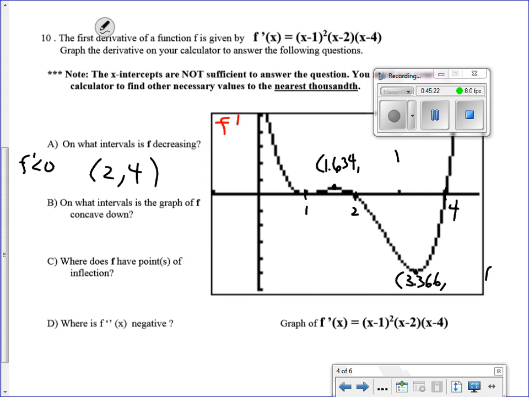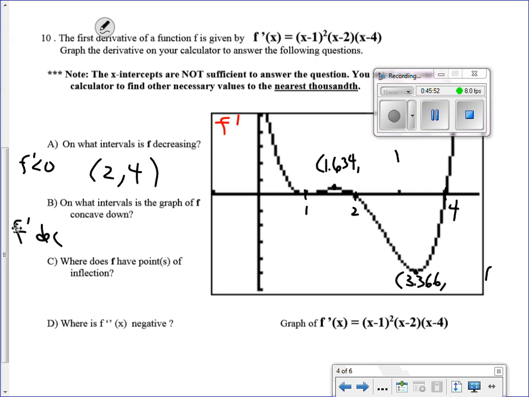All of these questions rely on the f prime, f double prime chart, so if I'm going too fast, pull that up. On what intervals is the graph of f concave down? The graph is concave down when the second derivative is negative, but that means the first derivative is decreasing. So we look at where the first derivative is decreasing.